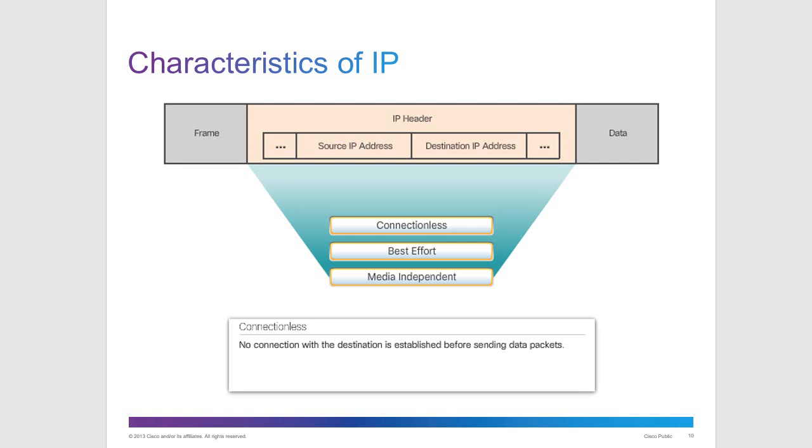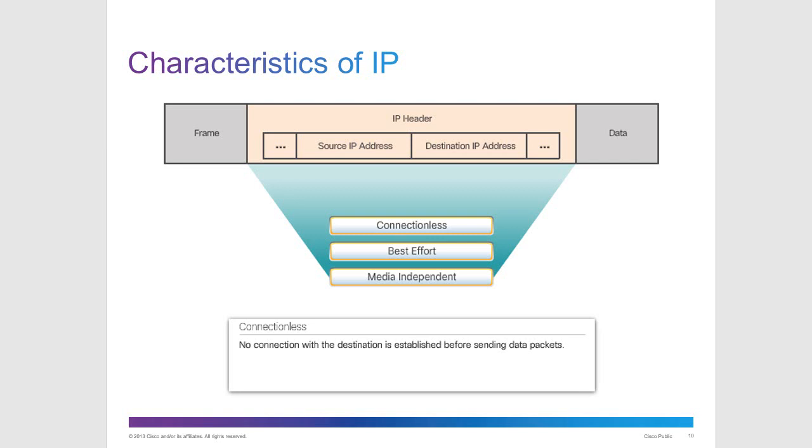Again, checking whether or not a packet got there is not the job of the IP or the network layer. There's other layers to handle that. And it's media independent. Doesn't matter what it's traveling over, fiber, wireless, whatever. Again, that's not something that IP is concerned with.